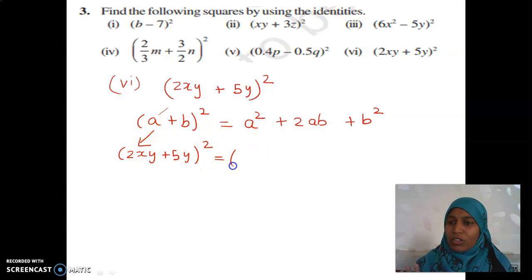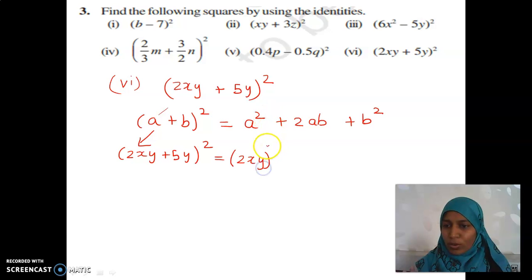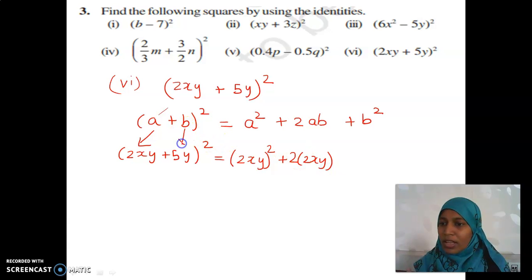In the place of a, I have to write 2xy, the whole square, plus 2 as it is. What is a now? Compare these 2 lines. a is 2xy. What is b? In the place of b, I have 5y, plus 5y the whole square.